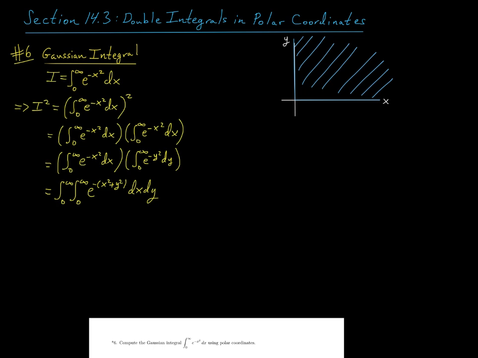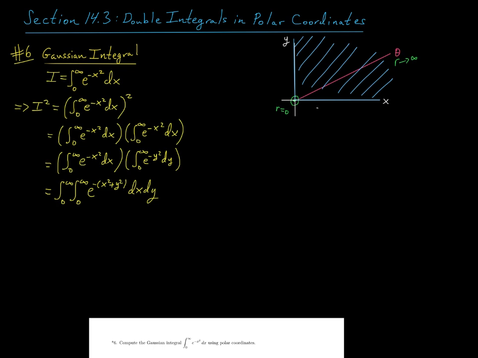So in polar coordinates, to describe our region of integration, this is just like what we saw in question 5. We can first think, all right, fix a theta, which is just going to describe a line through the origin. And now r is going to vary from 0 here, just at the origin, and then r is just going to become infinitely large as we follow this ray right out into the first quadrant.